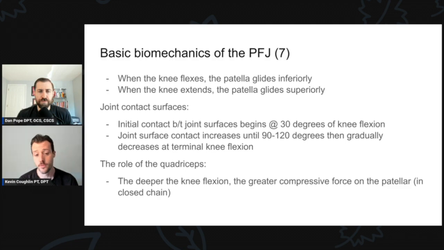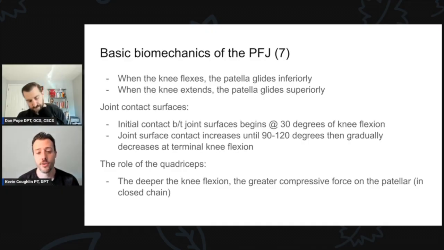And then in terms of the joint contact surfaces, because this does change as the knee bends and extends. Initial contact between the posterior part of the patella and the femur, the track it sits in, starts around 30 degrees of knee flexion. So when you're standing and your knee is extended, you don't have much contact between the back of the patella and the joint there.